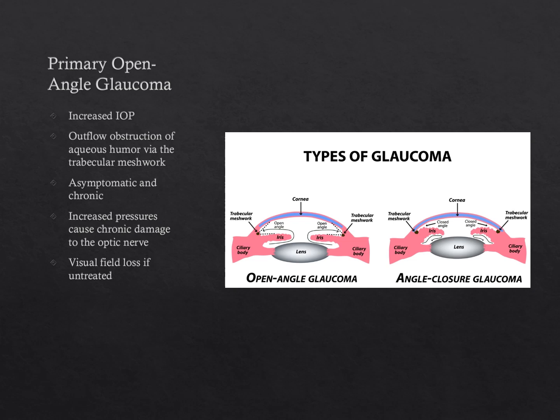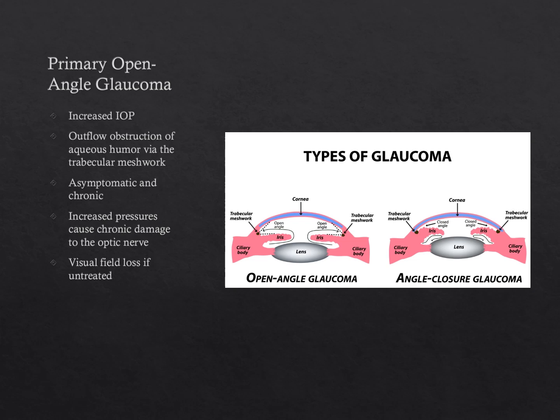So the first type of glaucoma we'll talk about is primary open-angle glaucoma. So this disorder causes an increase in intraocular pressure, and it's the result of an outflow obstruction of aqueous humor via the trabecular networks. It's often asymptomatic and chronic, and so as people's intraocular pressure is increasing, they are typically unaware of this.